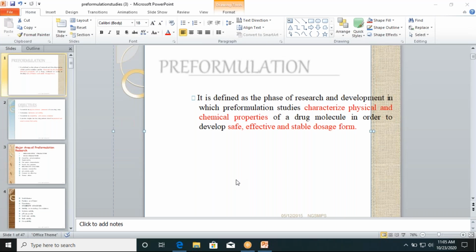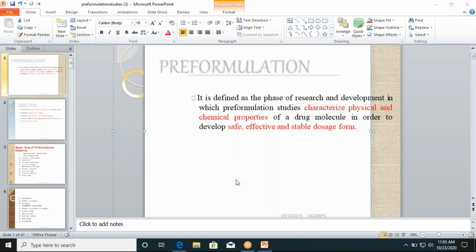Yes. Okay. So in case of pre-formulation, it is mainly a process where you are optimizing a drug. So before you are actually formulating a dosage form, you will optimize a drug by determining its physical and chemical properties. The reason for characterizing the physical and chemical properties of a drug before formulation is in order to develop a safe, effective and stable dosage form.